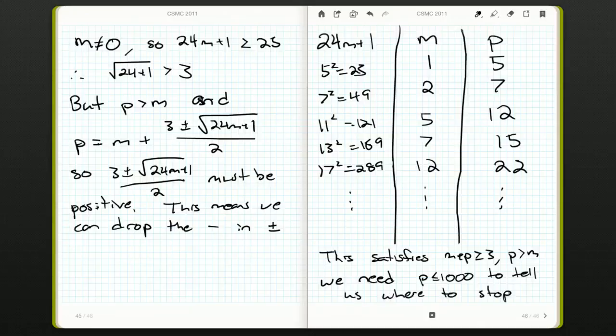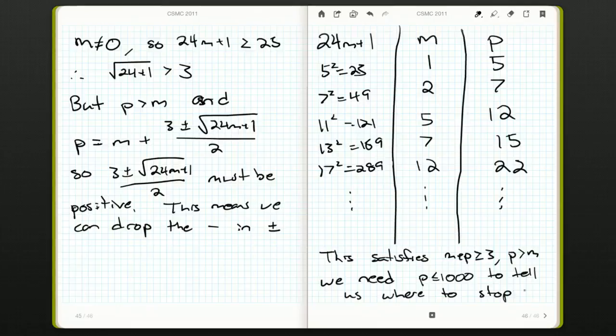So we need to know where to stop, and that's p less than or equal to 1,000. So at 1,000 is sort of where we need to stop. Okay, so how might we figure that out? What to do? Well, we could guess some really large numbers. That might do it.